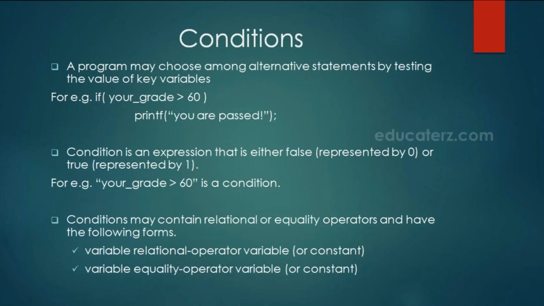Basically any non-zero value in C is true. For example, in this case we have your grade greater than 60 as a condition. So conditions may contain relational or equality operators and have different forms, like variable relational operator variable.